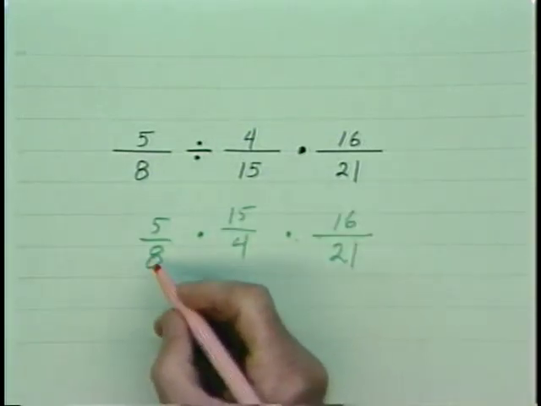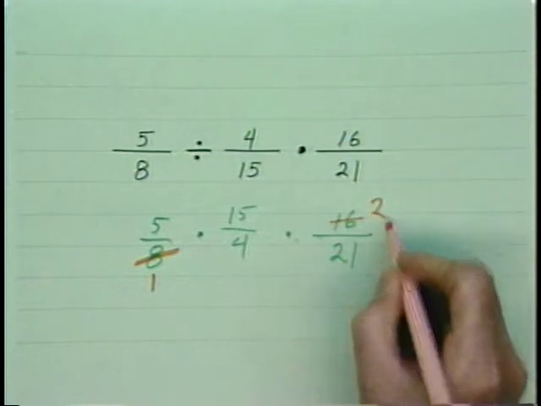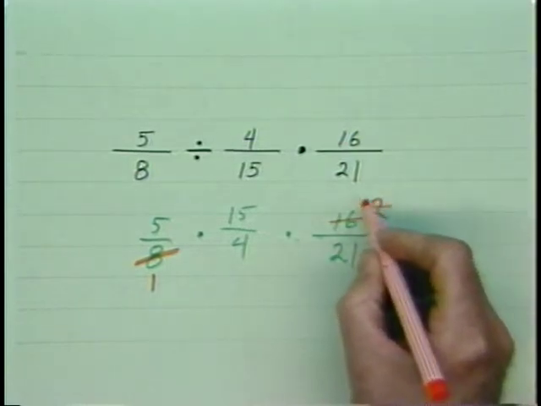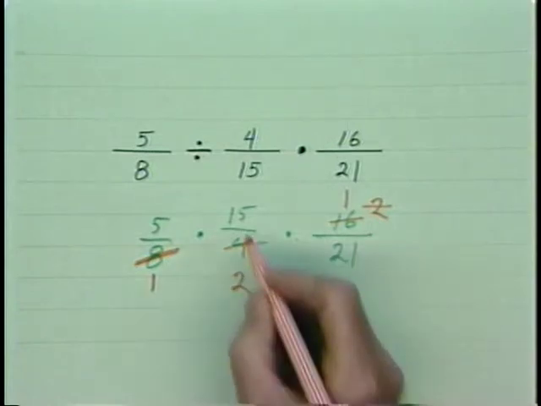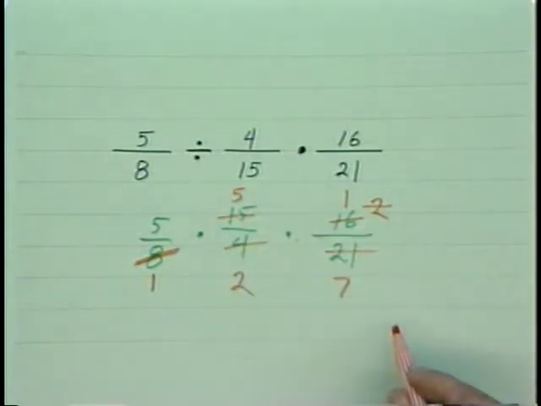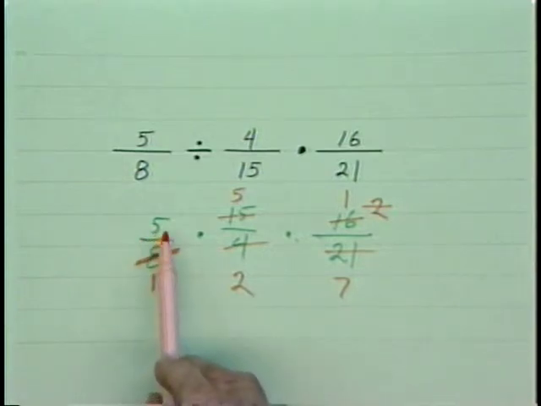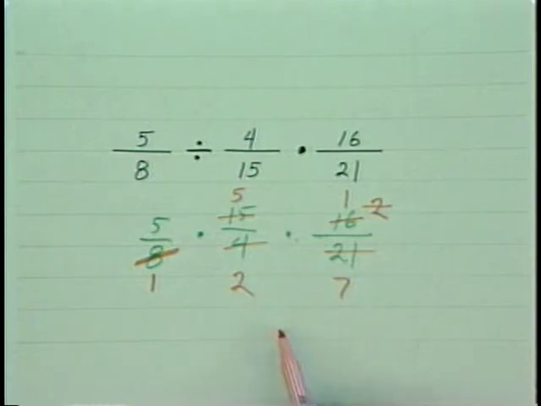So we could see, for instance, that 8 goes into here once and to here twice. We can see that 2 goes into here once, into here twice. 3 goes into here 5, 3 goes into here 7, and all I have left on top are 5s and 1s, which 2 and 7 won't divide into.